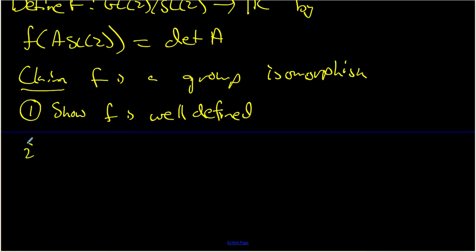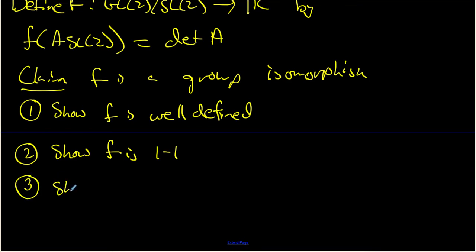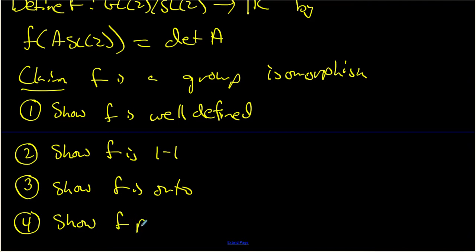The second thing is that we're going to need to show that f is one-to-one. The third thing is that we need to show that f is onto. And the fourth thing is that we will have to show that f preserves the group operation.